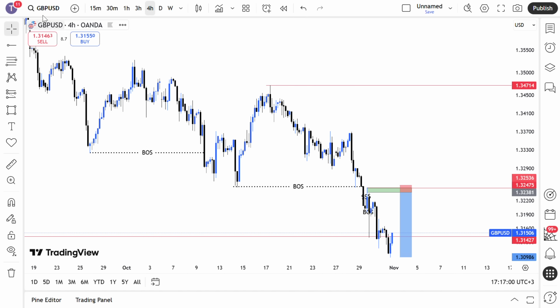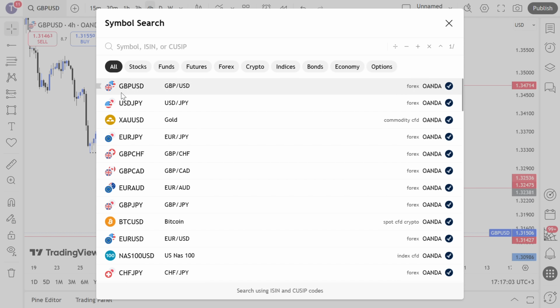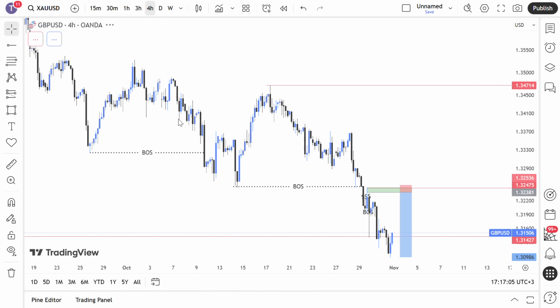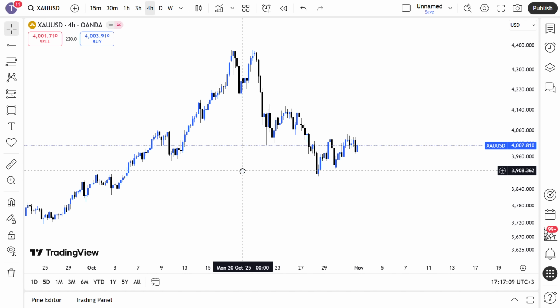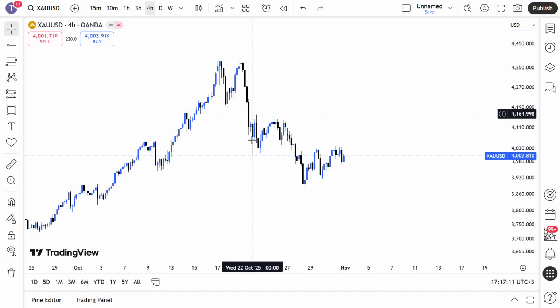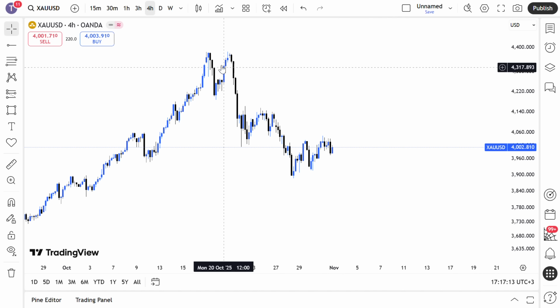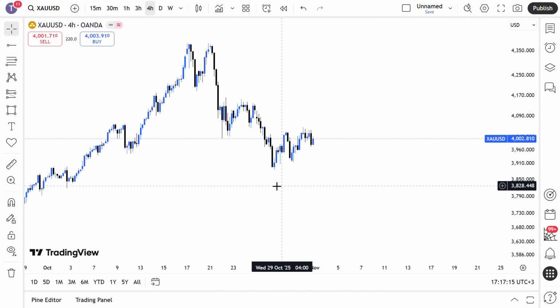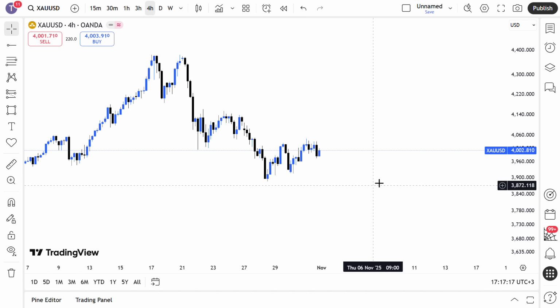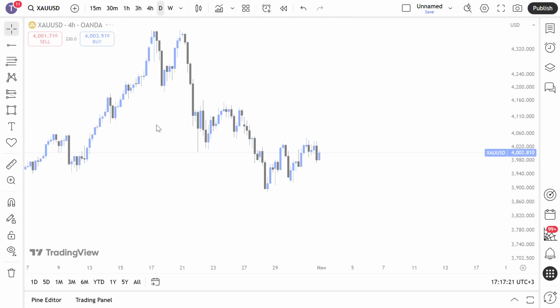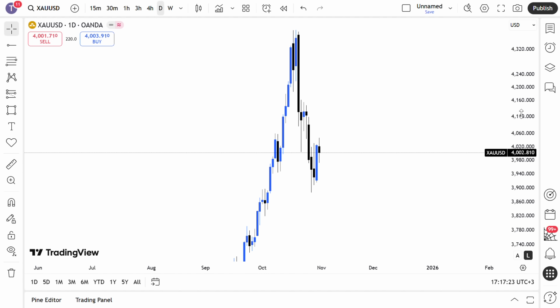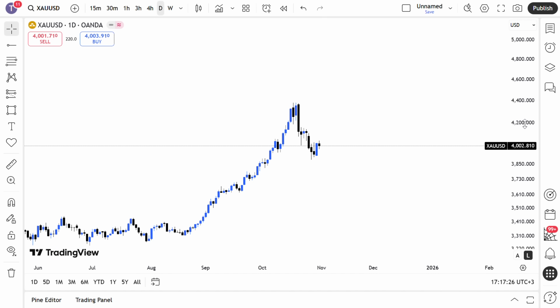So coming into gold, I have some few updates on gold. So on gold, currently we are still in a very bearish situation. We have some selling pressure on gold, and currently right now, if I come to the daily time frame, because we do not have a very clear structure on gold, I'm going to use what is happening inside here currently.